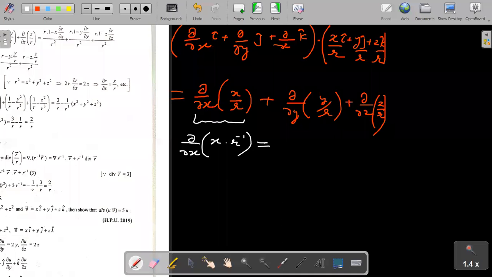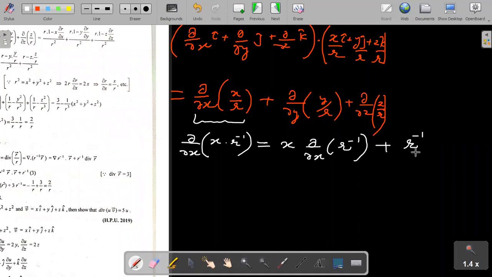Now let us do this. So first function, derivative of second, plus second function, derivative of first, and derivative of x with respect to x is how much? 1. But is it fine? Yes, ma'am.